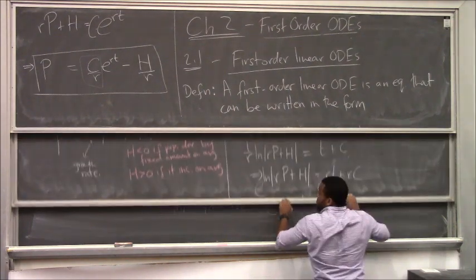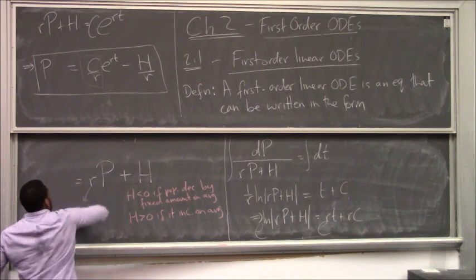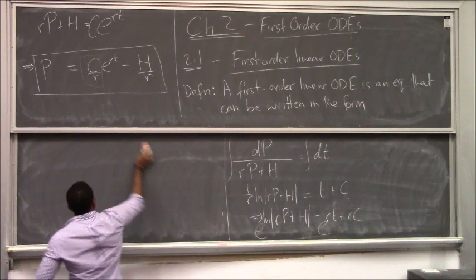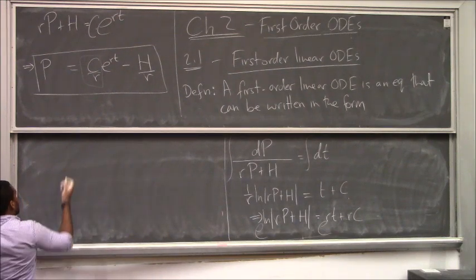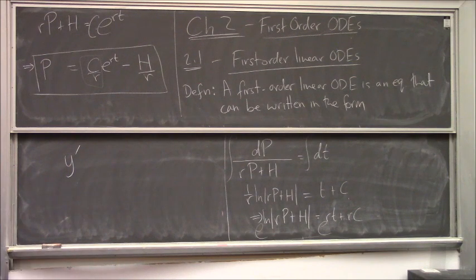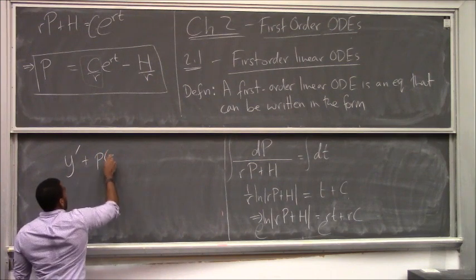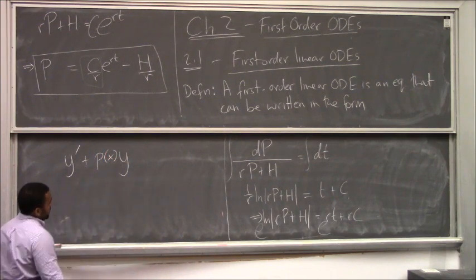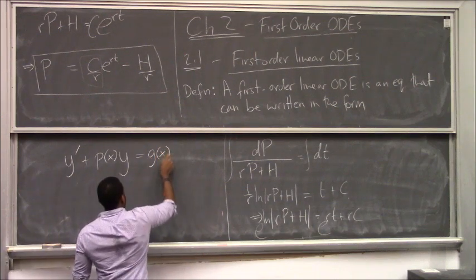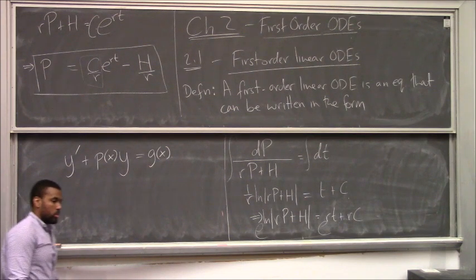And here's the form of a first order linear ODE. We assume it looks like y prime, so it could be dy/dx or dy/dt, plus p of x times y equals g of x.